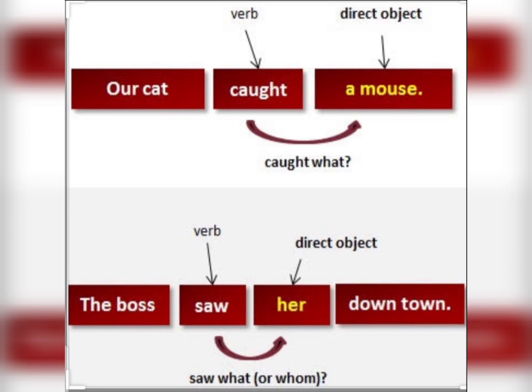Second example, the boss saw her downtown. In this sentence, the boss is the noun, saw is an action word, it means verb. Whom did the boss see? Yes, her. So her is a direct object. So we learnt whenever we ask a question to the verb with what or who, we get the direct object.